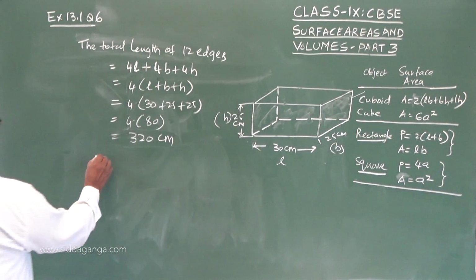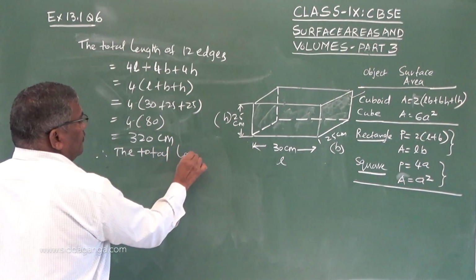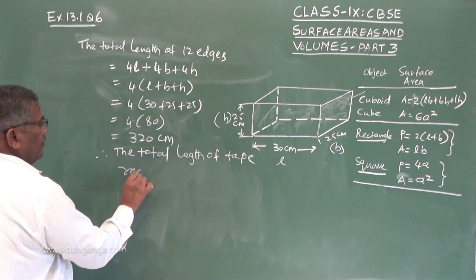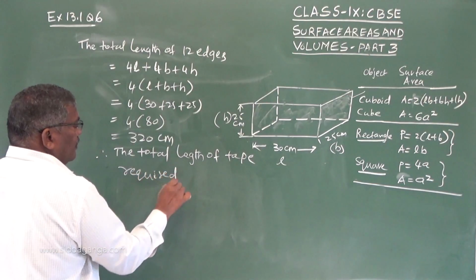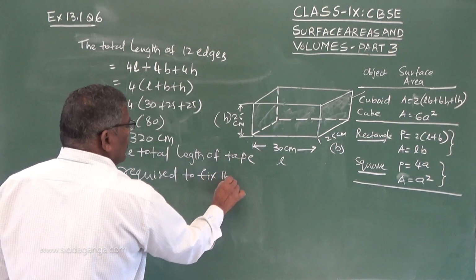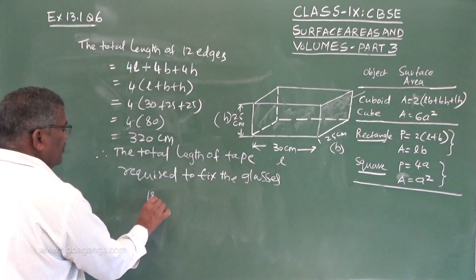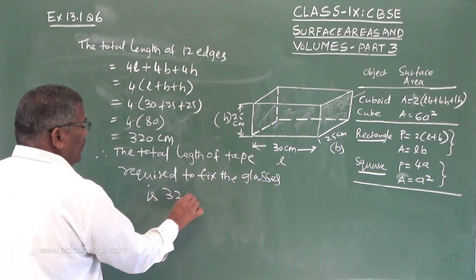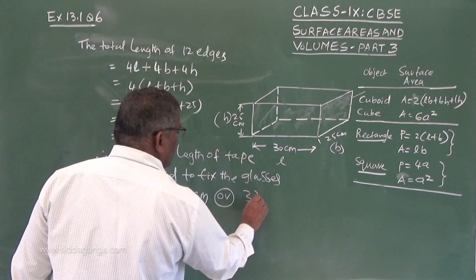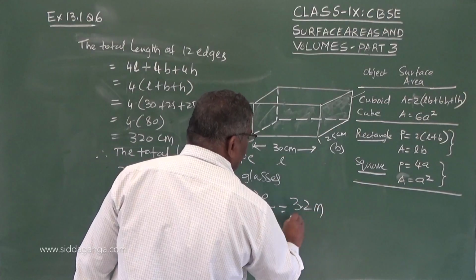So therefore the total length of tape required to fix the glasses is 320 centimeter, or 320 divided by 100, that is 3.2 meters.